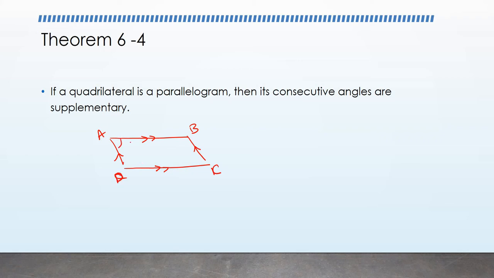If angle A is 36 degrees, by theorem 6.4, angle A plus angle B has to equal 180. So 36 plus angle B is 180. Subtract 36 from both sides, and I get 144.